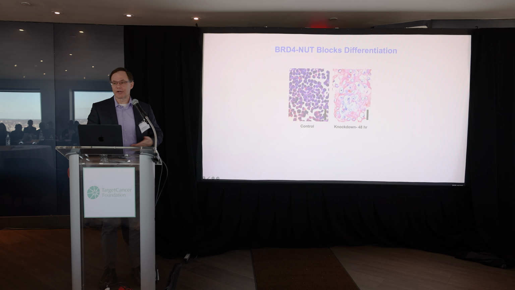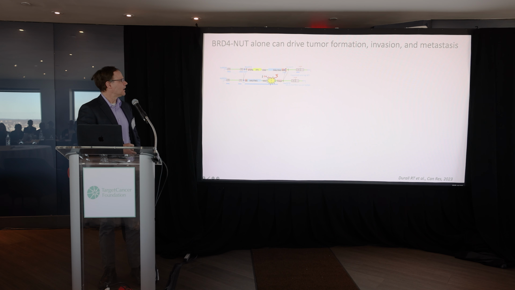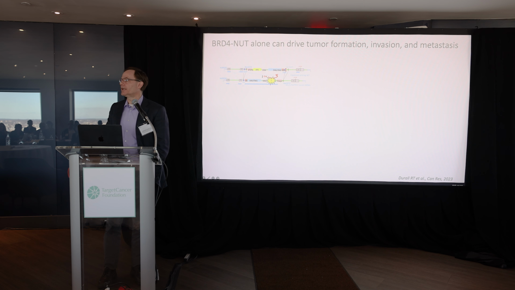I wish we could get siRNA into the body this way, but we can't. It does tell you that BRD4-NUT blocks differentiation, and then it's an excellent therapeutic target if we can actually target it.